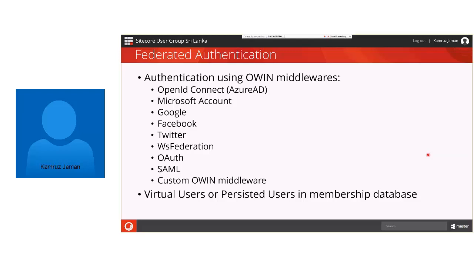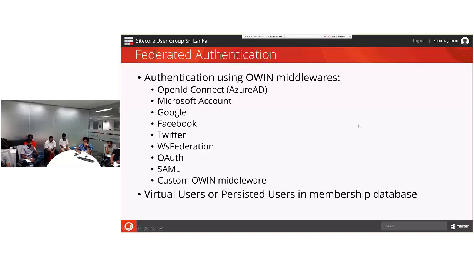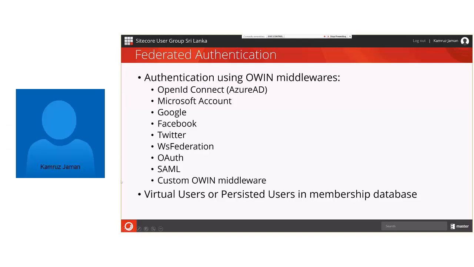But the nice thing about this new module, so to speak, is the users can be either virtual users or users persisted in the actual membership database. So that means that if you need to, you can use these authentication methods for logging users into either your website on the front end or the CMS in the back end.